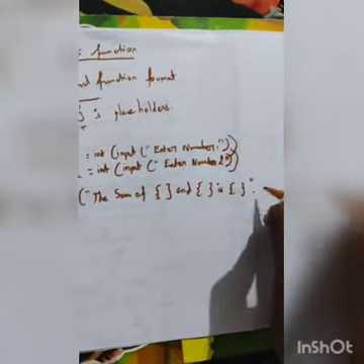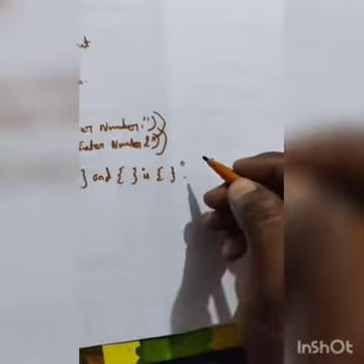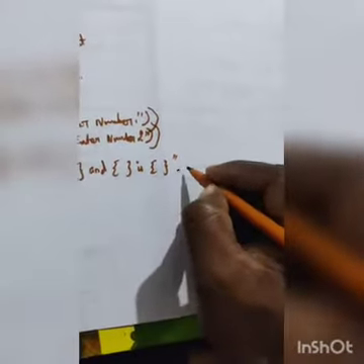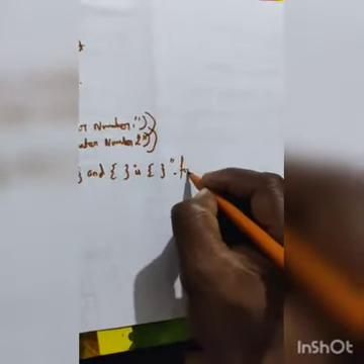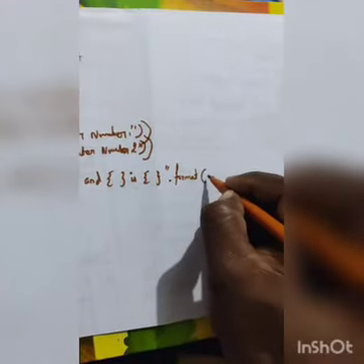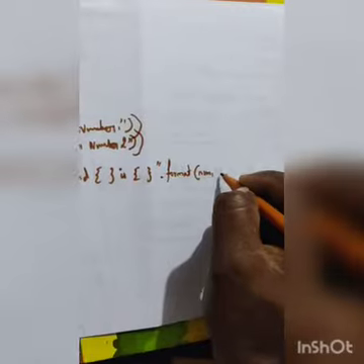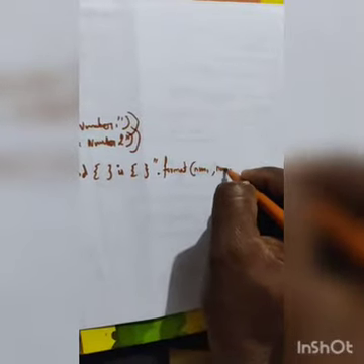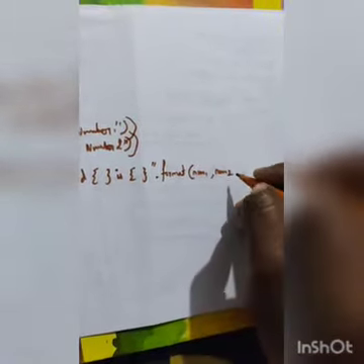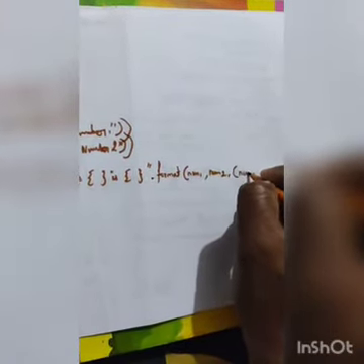Now put a dot after the string, and use the format function: num1, num2, then a comma, open parenthesis, num1 plus num2.